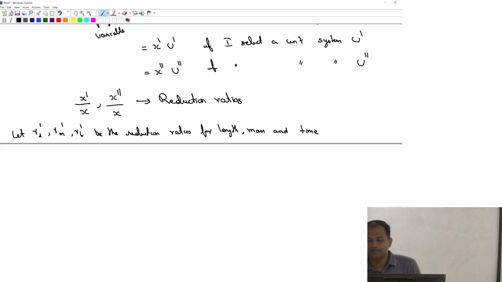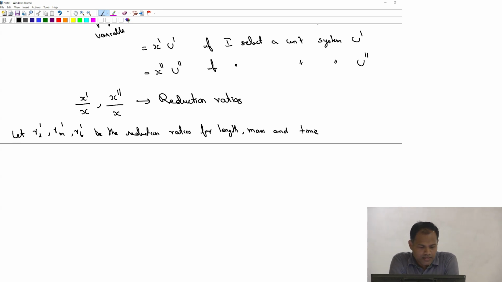And RL prime is, for example, the reduction ratio for the length. When I am changing from unit system u prime to unit system u, what is the number that I should be multiplying with? That is RL prime if I am talking about length, or if it's mass, let's call it RM prime. If it's time, let's call it RT prime.